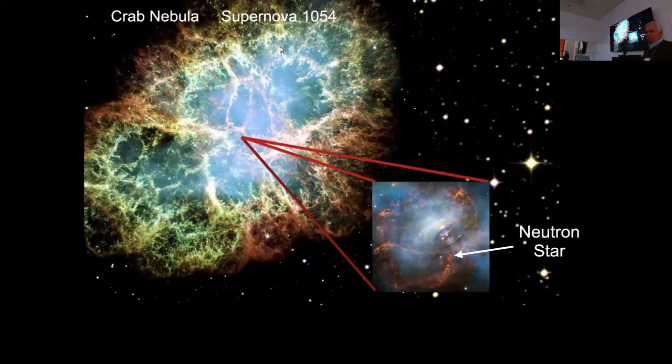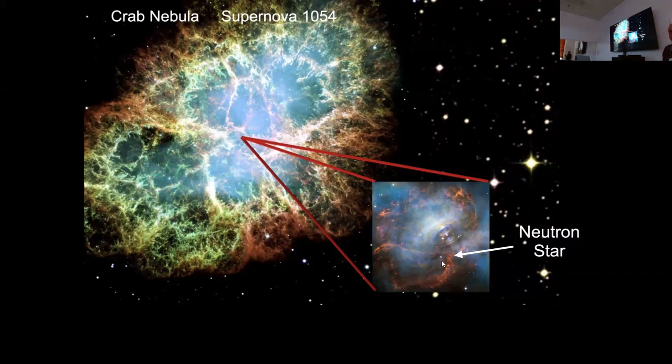And it's very clear that this is right, because when you measure the speed of these gases and assume that the speed hasn't changed much, it took about 1,000 years to get from the center out to here. It's 1,000 years ago. And when you look in the center, there is a remnant called a neutron star, which is the pulsar. You've heard of pulsars.